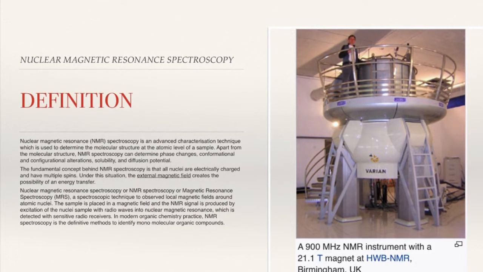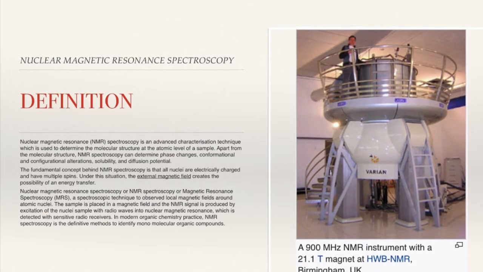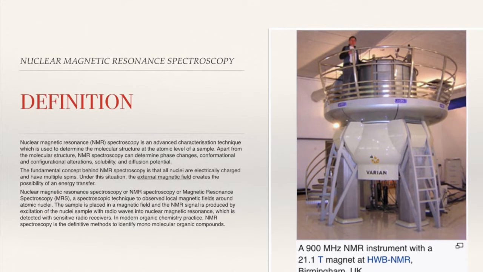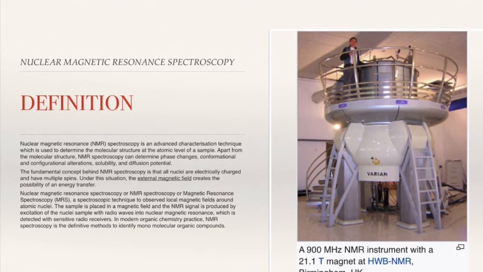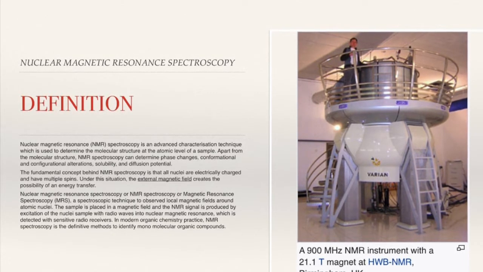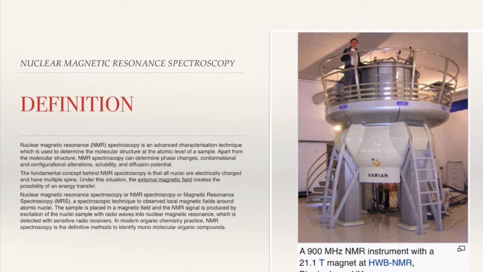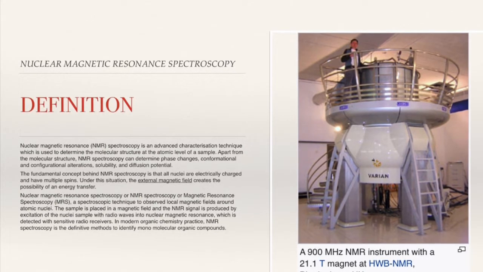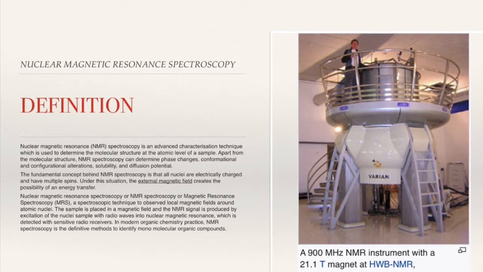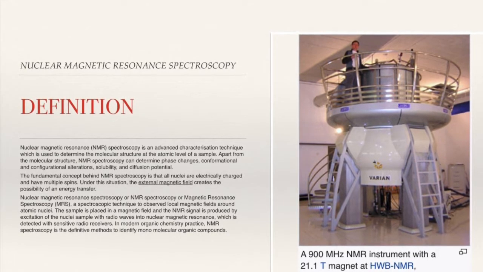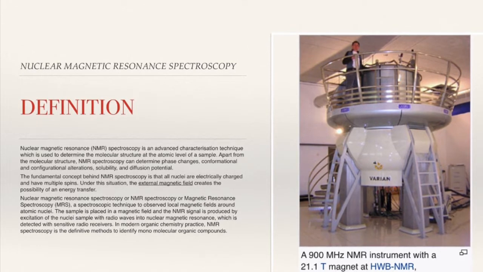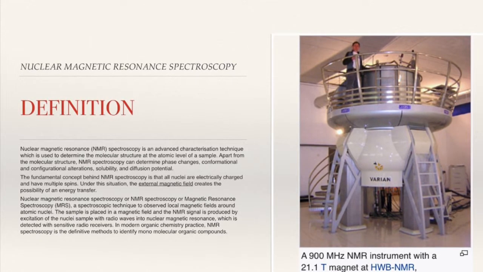Nuclear magnetic resonance spectroscopy, also known as magnetic resonance spectroscopy or MRS, is a spectroscopic technique to observe the local magnetic field around atomic nuclei. The sample is placed in a magnetic field and an NMR signal is produced by excitation of the nuclear sample with radio waves into nuclear magnetic resonance, which is detected with sensitive radio receivers.